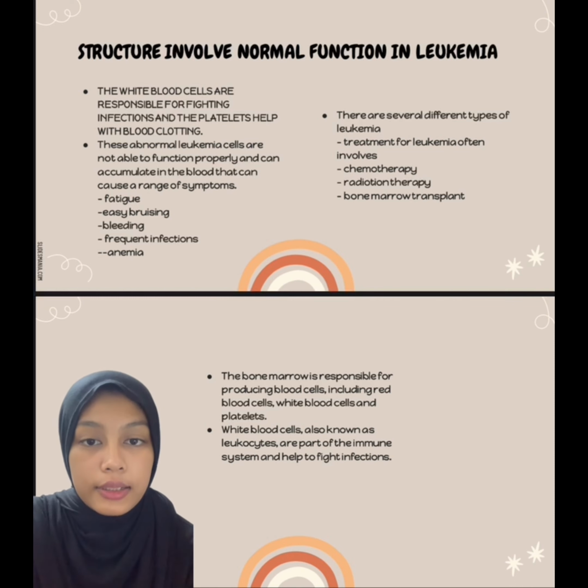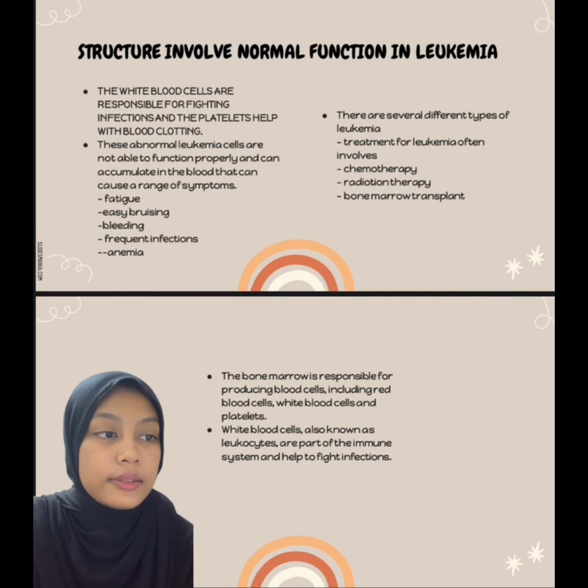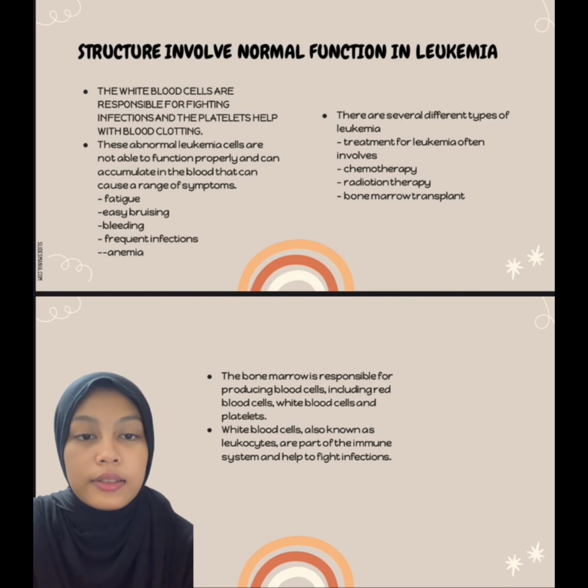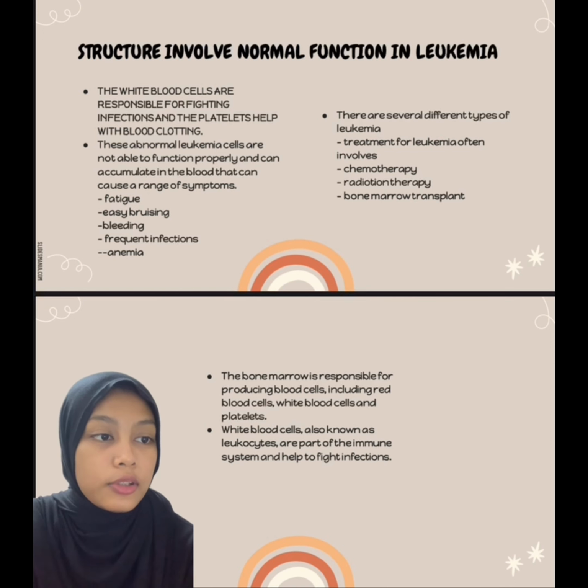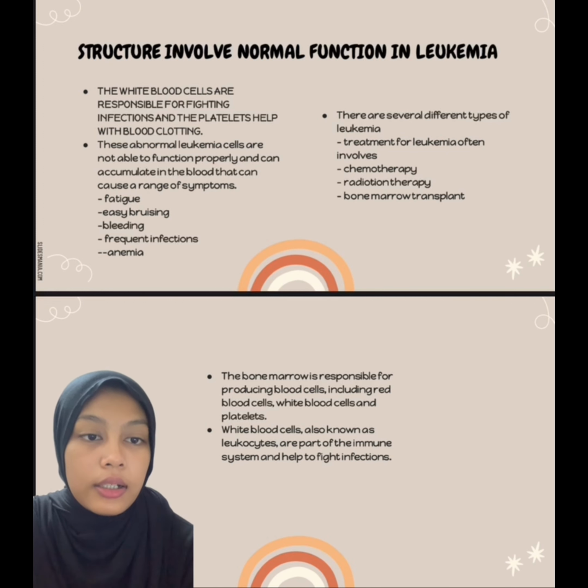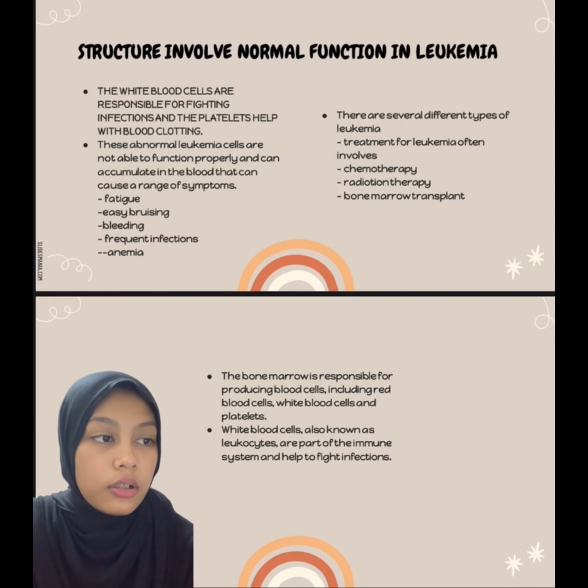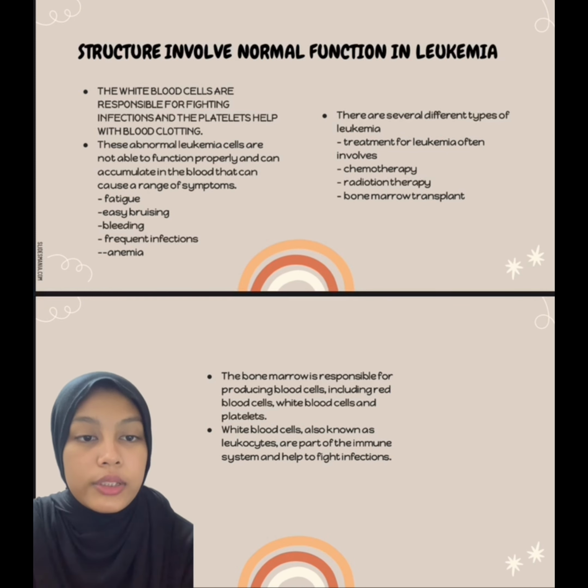Also, leukemia is a cancer of the blood and bone marrow that occurs when the bone marrow produces abnormal white blood cells called leukemia cells. These abnormal cells are not able to function properly and can accumulate in the body, then can cause a range of symptoms, which are fatigue, easy bruising, bleeding, frequent infection, and anemia.